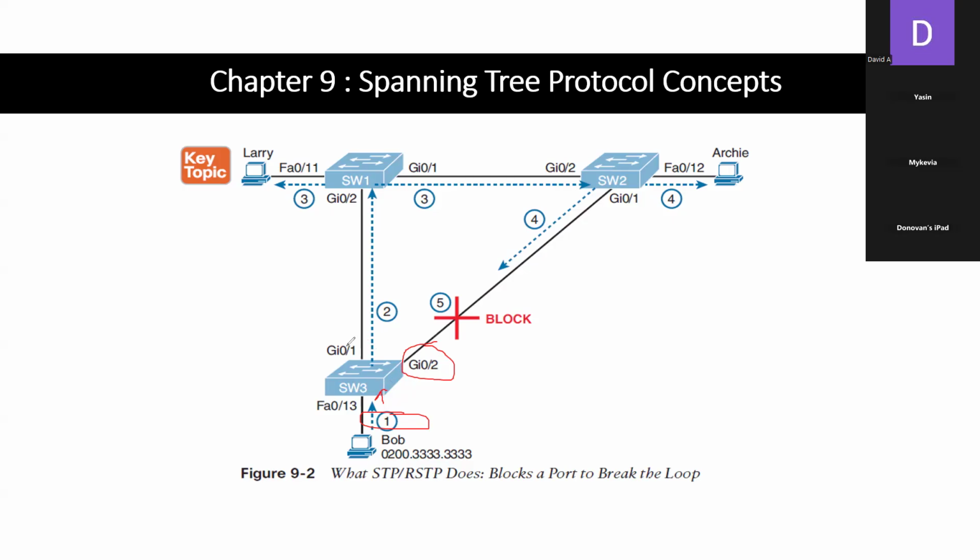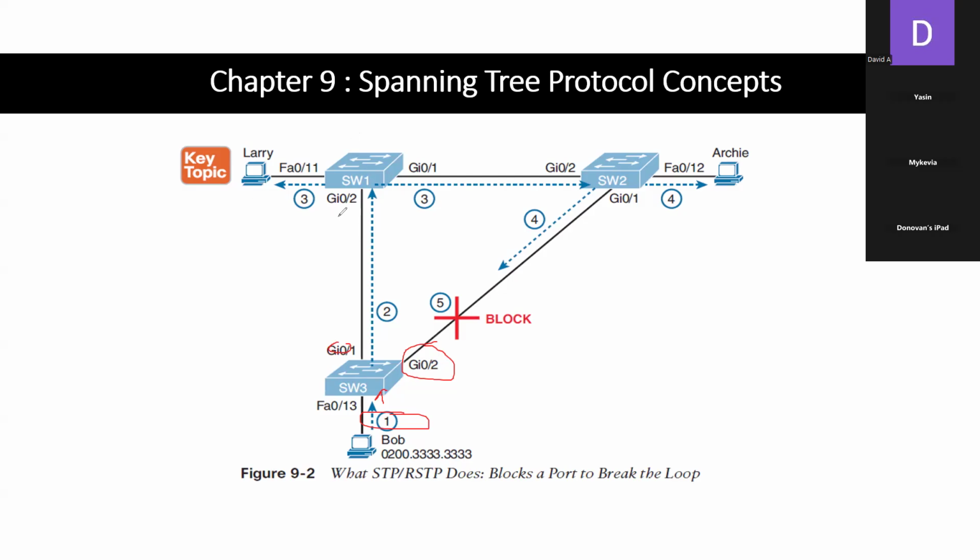Switch 3 goes with the lowest interface first. Gigabit 0/1, you're in a forwarding state. Gigabit 0/2, you are in a blocking state, so I can't forward any frame. So I'm only able to forward that frame out of gigabit 0/1.